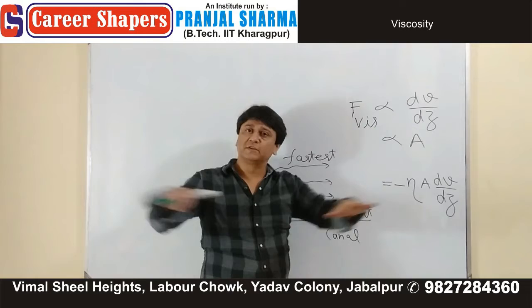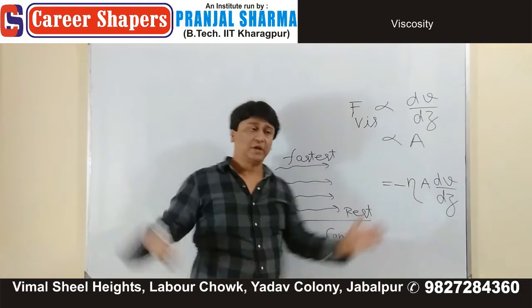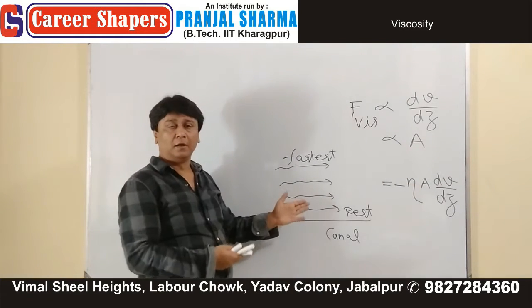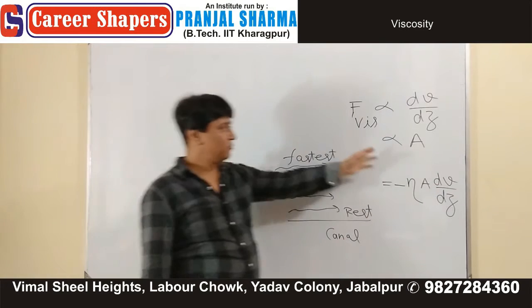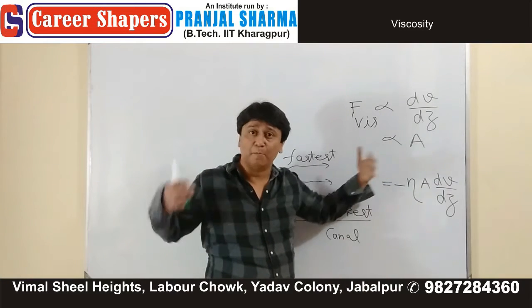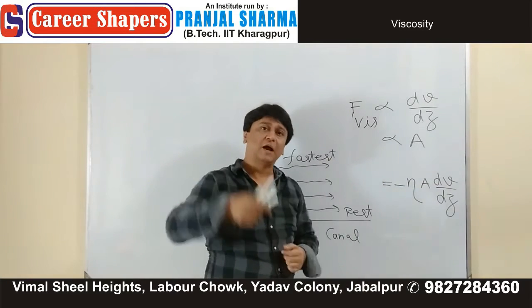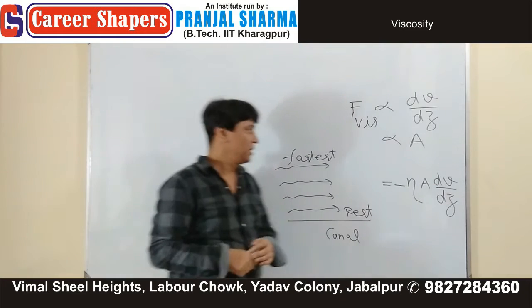So if you increase the surface area, if you increase the cross section of the canal, you understand that if I increase the cross section, I'm basically increasing the mass which can flow, and that way it basically depends on the area.